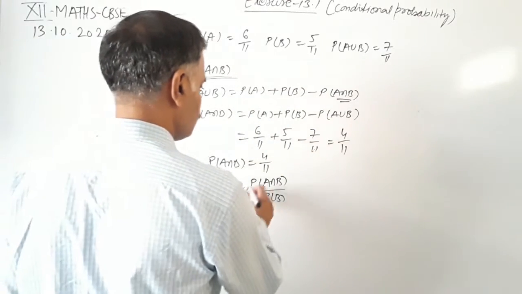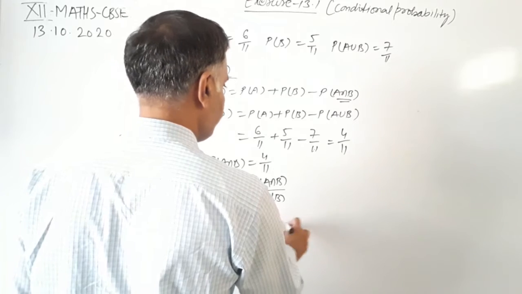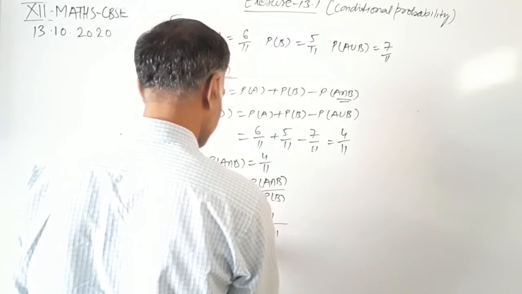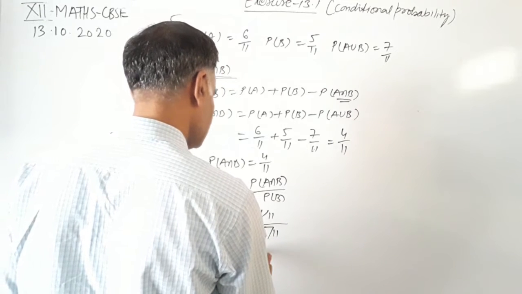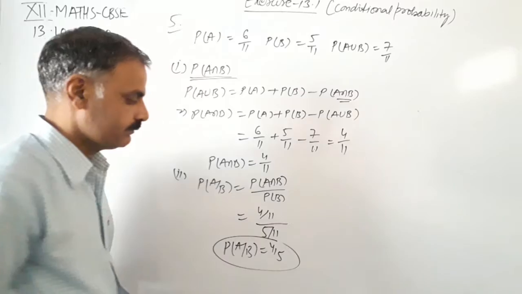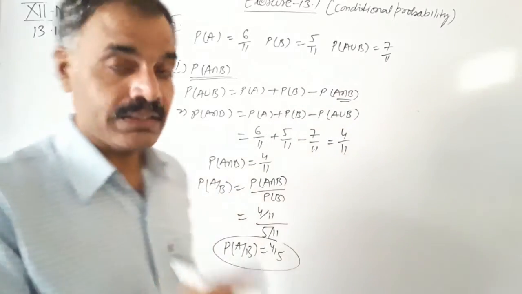So this is 4/11 divided by P(B), and P(B) is 5/11. So P(A|B) is equal to 4/5. This is the second part.